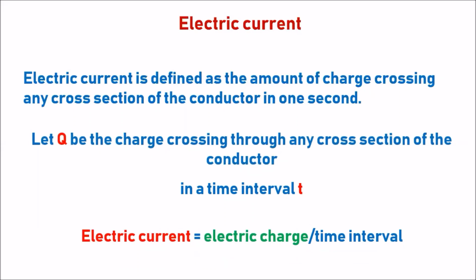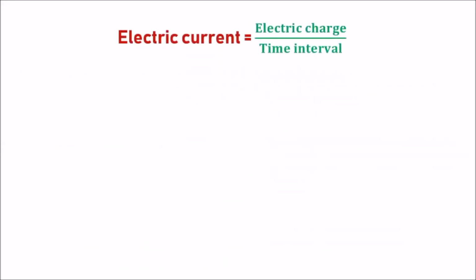So what is the meaning of that formula? Electric current is equal to electric charge by time interval. Number of charges flowing in a conductor in a particular time is called electric current, and electric current is represented with the letter I, which is equal to capital Q by small t.